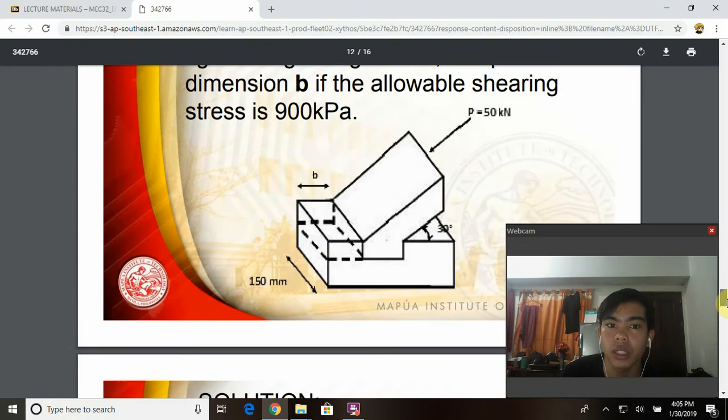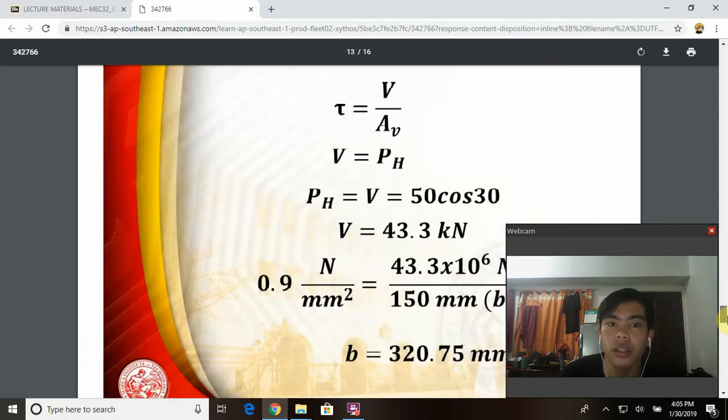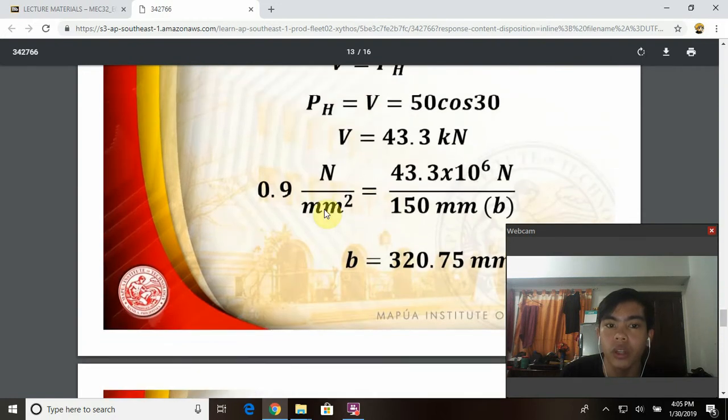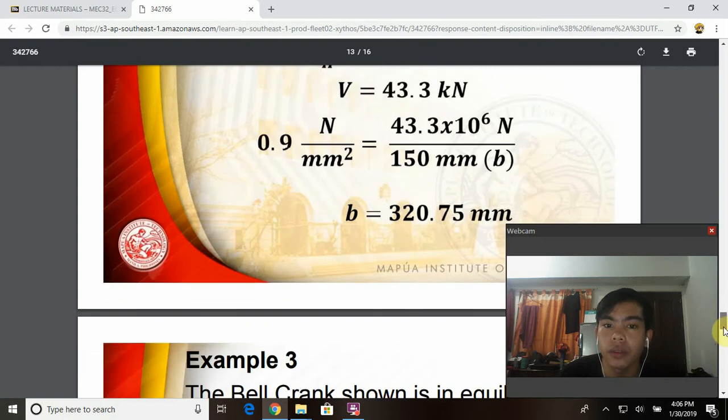Upon substituting, the stress is 900 kilopascals, which we convert to 0.9 Newton per millimeter squared, equal to 43.3 times 10 to the 6 Newton, which is V, over 150 mm times B. That 150 mm times B is the area, and B is the one required. Upon substituting in these formulas, B is equal to 320.75 millimeters.